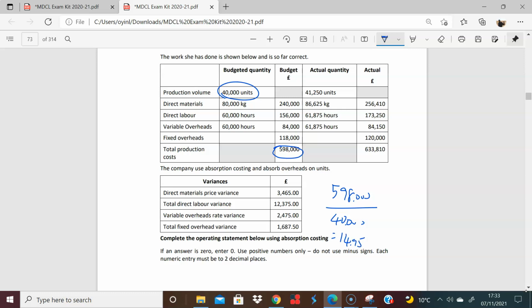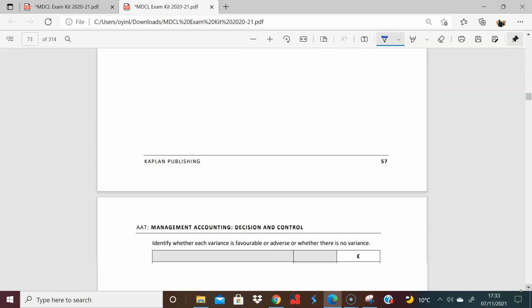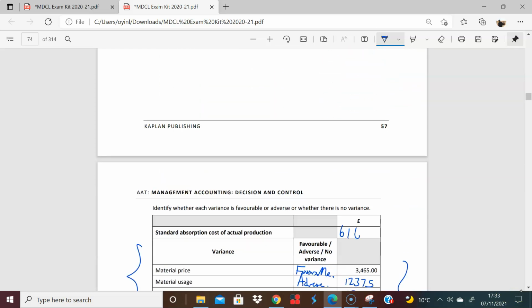And therefore, the standard cost of making these 41,250 units must be, when you multiply this together, you get 616,687.5. Right? Then that's what we have here, 616,687.50.